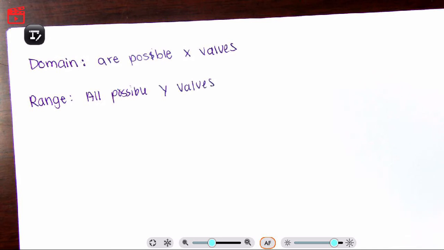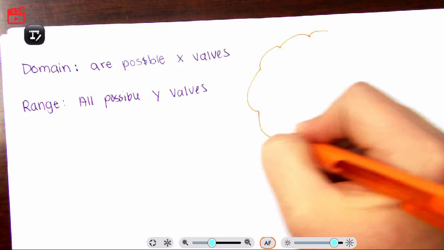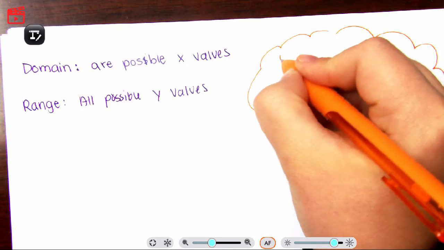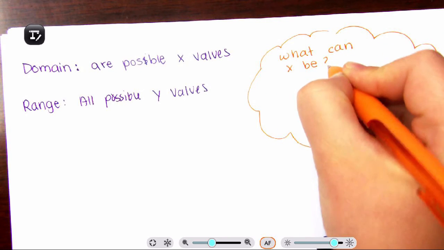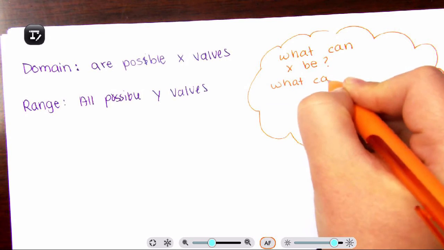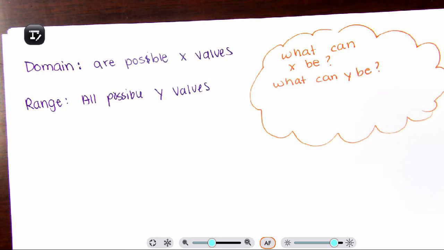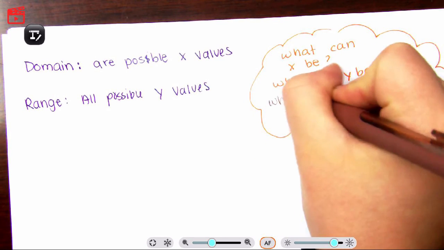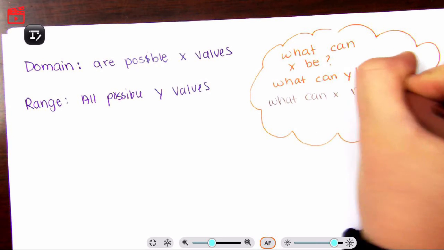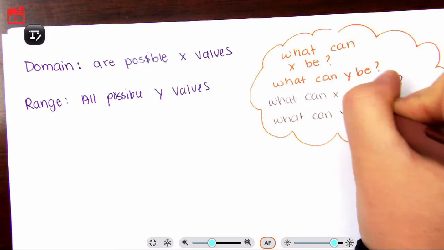When you're doing domain and range, you have 2 questions that you need to ask yourself: What can x be? What can y be? Or you can ask yourself 2 other questions: what can x not be? What can y not be?